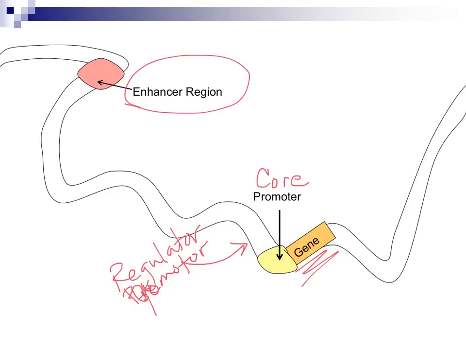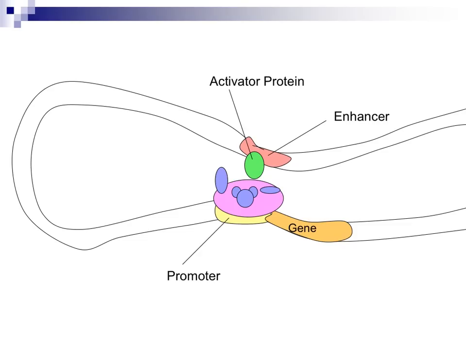So how can that enhancer region influence the core promoter? Well, remember, DNA is flexible. So you can see here that the enhancer, by bending of the DNA in specific ways, can become physically very close to the core promoter and the gene that it's going to transcribe.